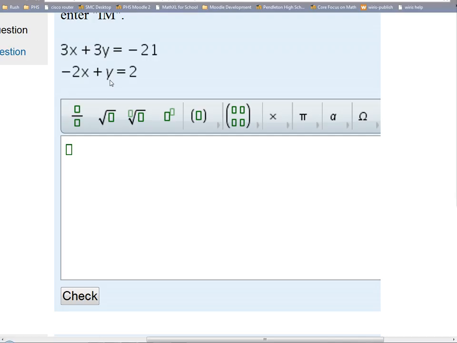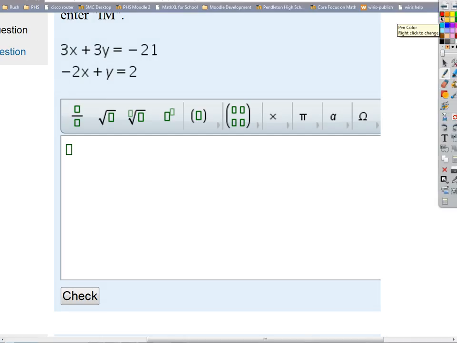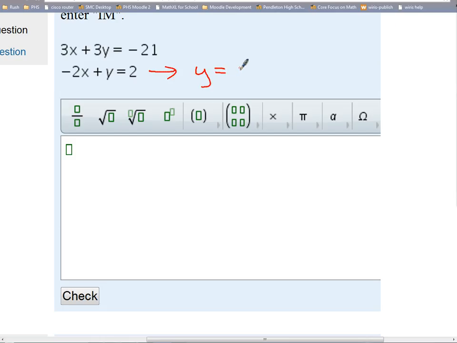It's that y, right? So I could get that y by itself by just adding 2x to both sides. That's going to give me the equation y equals 2x plus 2, or 2 plus 2x, either one. Doesn't matter. So there's my substitution equation. And what's the substitution that I'm going to make? You have to put 2x plus 2 in for y in the top one. Good.